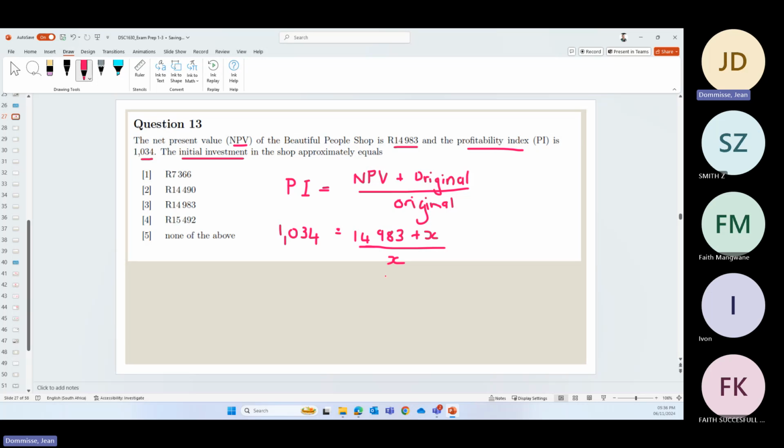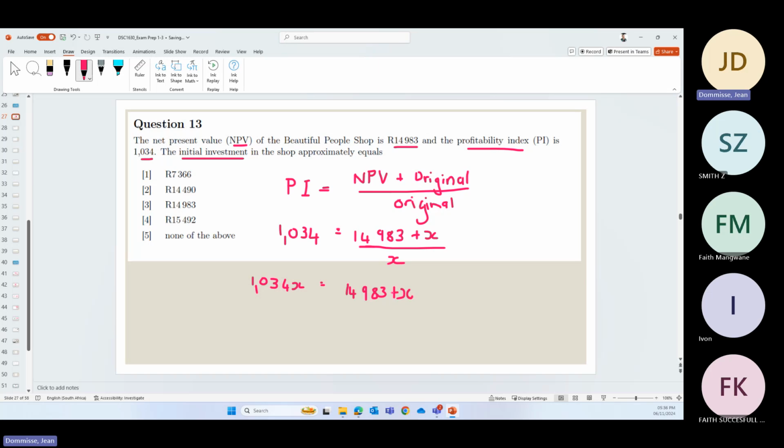Okay, so this is how the formula will look. Then we will use algebra. First we need to get rid of X in the denominator, so we multiply on both sides with X. On the left-hand side we will now have 1.034x, and on the right-hand side 14,983 plus x.